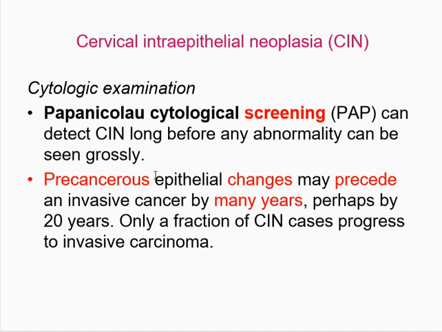Precancerous lesions may be picked up with cervical screening, and the changes which are present in CIN lesions are present for many years before the thing becomes an invasive carcinoma. This may cover a range of years, up to 20 years, so dozens of years.